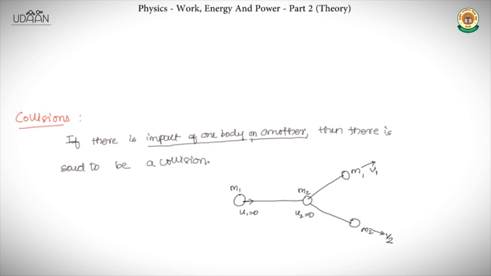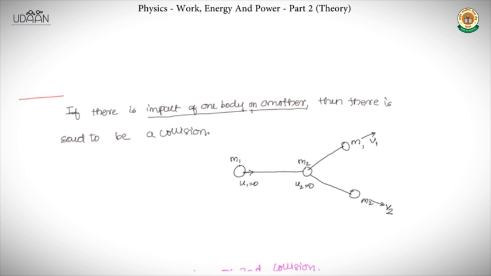Now we deal with the chapter collisions. In physics we study motion. At the same time we try to discover physical quantities which do not change in a physical process. The laws of momentum and energy conservation are typical examples of them. Consider two masses m1 and m2, where m1 is moving with speed v1i and the other particle m2 is at rest.